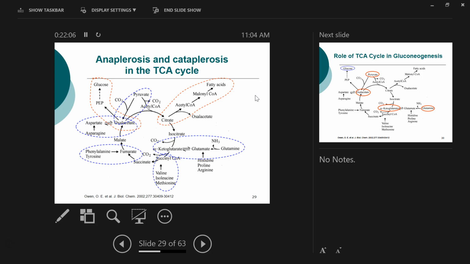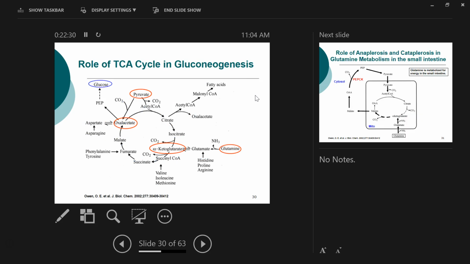You're adding intermediates to the TCA cycle to prevent a reduction in the concentration of these intermediates. So these reactions are called anaplerosis reactions, right?